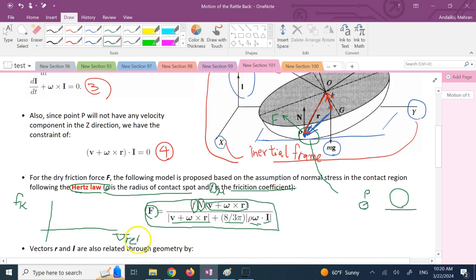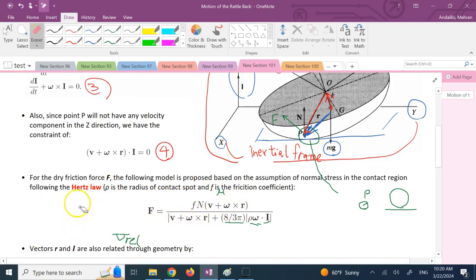And you can show that as relative velocity is increasing, this friction is dropping a little bit. So here you can see that effect. Okay, and this is going to be our equation number 5 here. So let's go ahead and write it down.